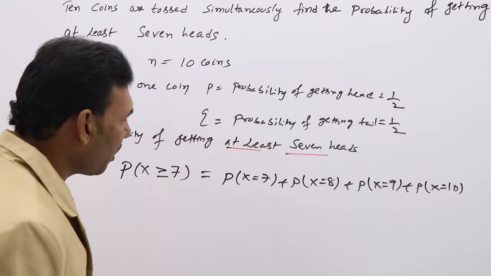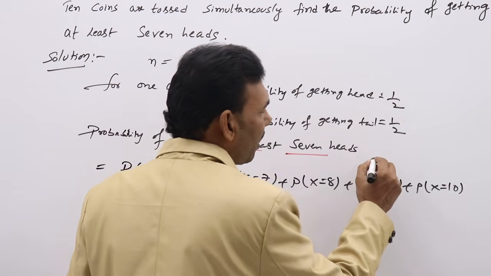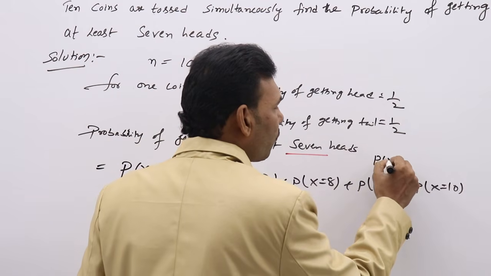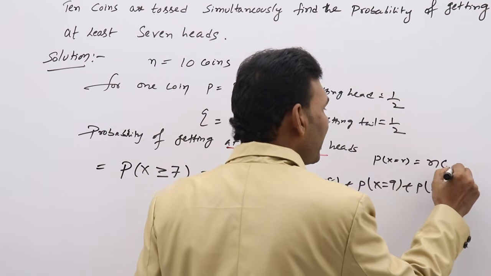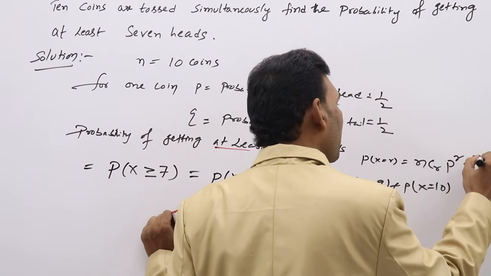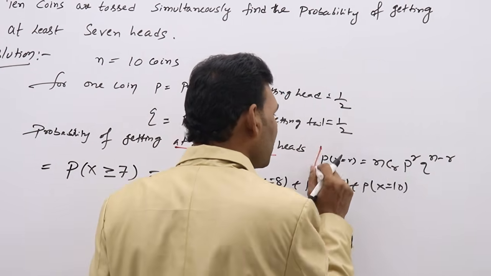So we know in binomial distribution, for P of x equal to r, we have one formula, nCr p power r q power n minus r.